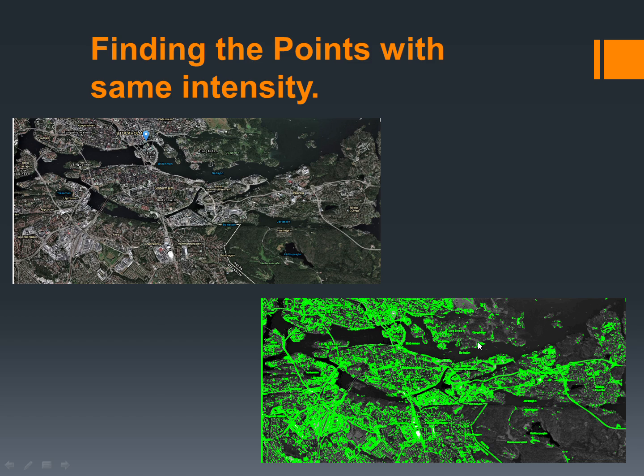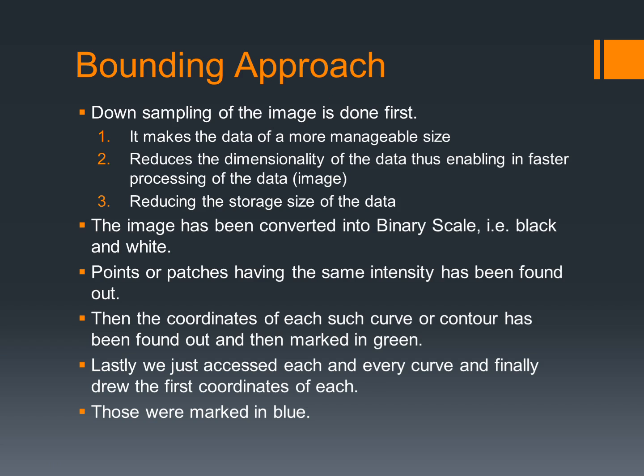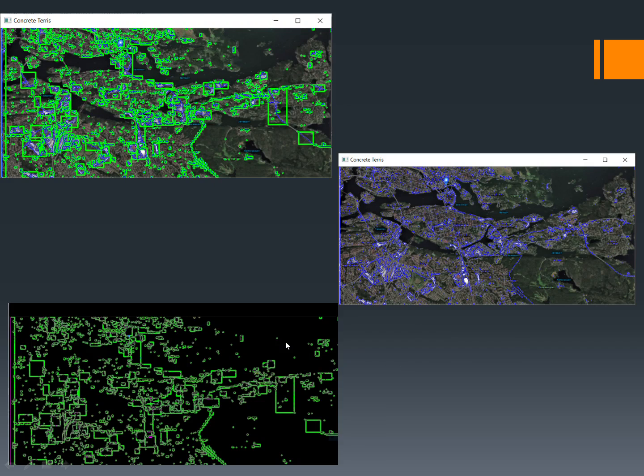So we moved on. We found the coordinates of each curve, and then we plotted them. For each curve, we found the initial x comma y, and the width and the height of that curve.